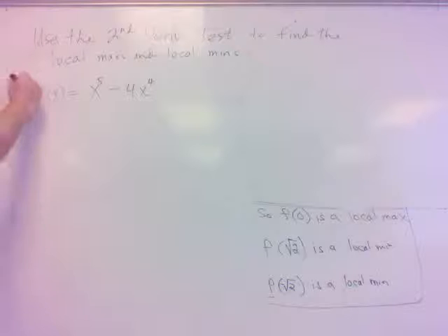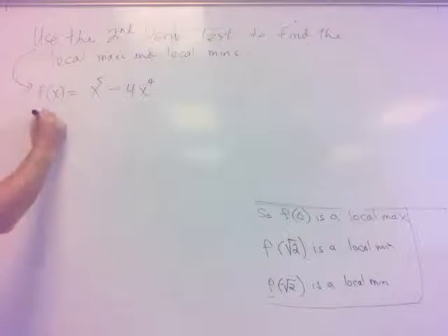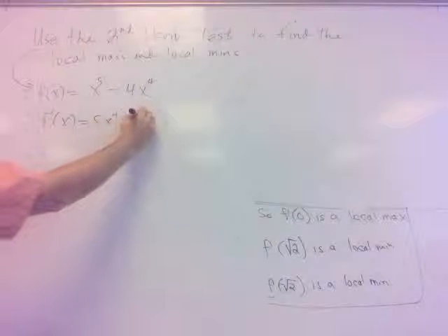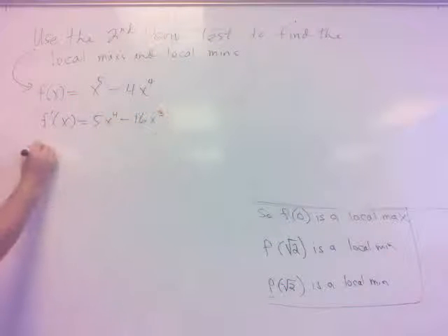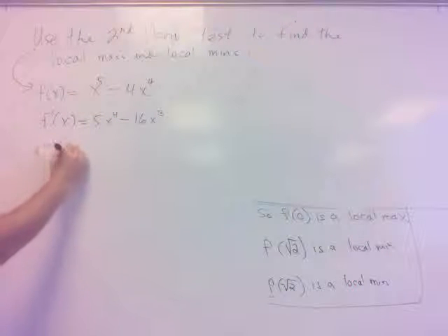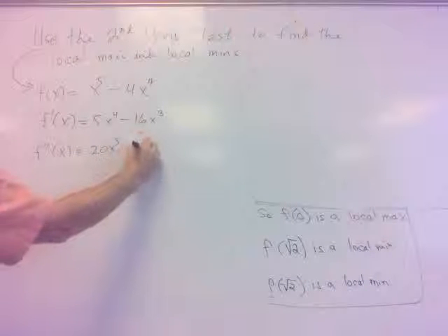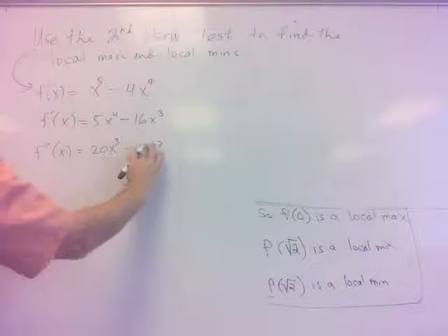Same idea. Use the second derivative test to find the local maxes and mins. Well, the first derivative would be 5x to the 4th minus 16x cubed. Then the second derivative, just for future reference, would be 20x cubed minus 48x squared.